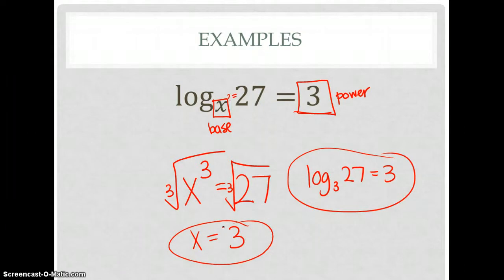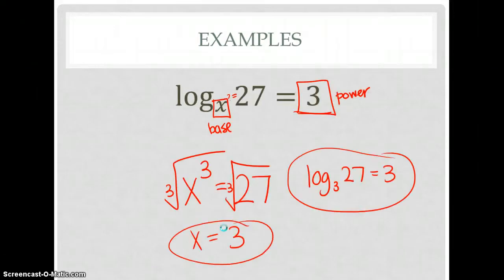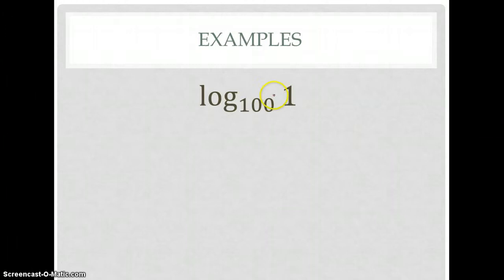Can we use logs on everything? Well, there are some different setups, and now we're getting into some trickier areas that are a little less straightforward. This is asking, 100 to what power equals 1?